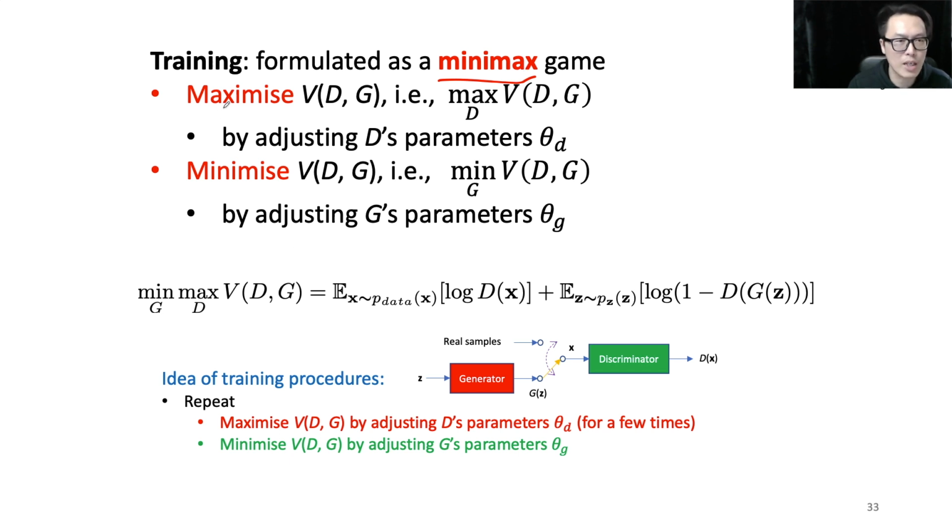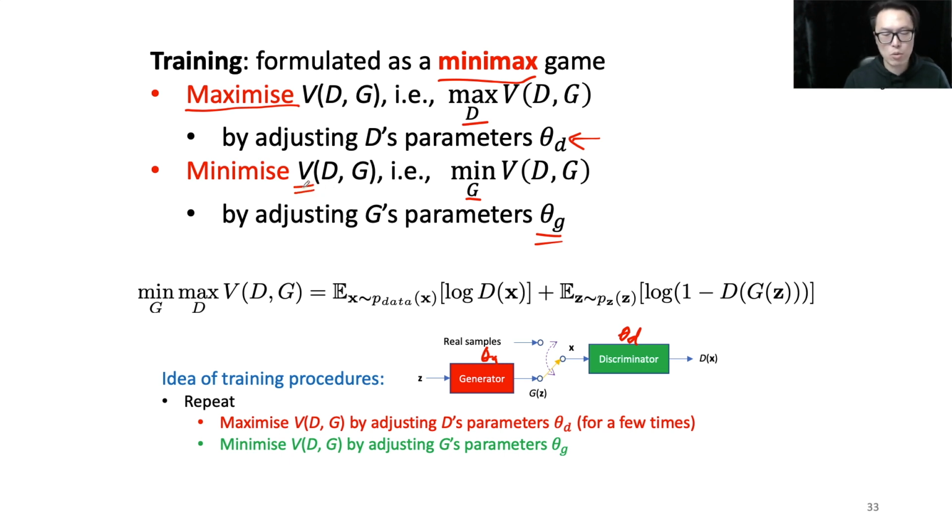We do both. We maximize this with respect to D, that means we maximize this cost function with respect to theta D, the discriminator. And then we minimize with respect to G, the generator. That means we adjust the parameters of the generator in order to minimize the cost V.